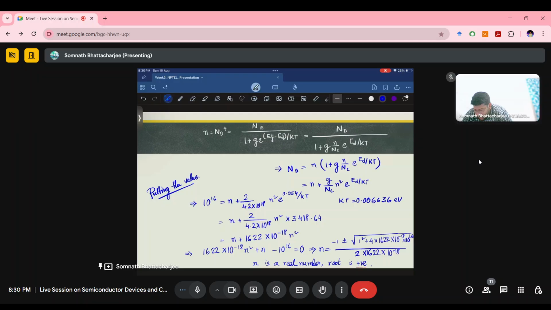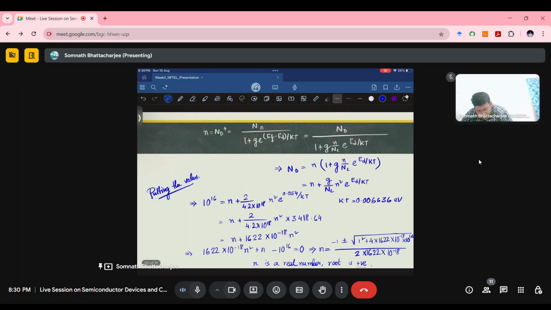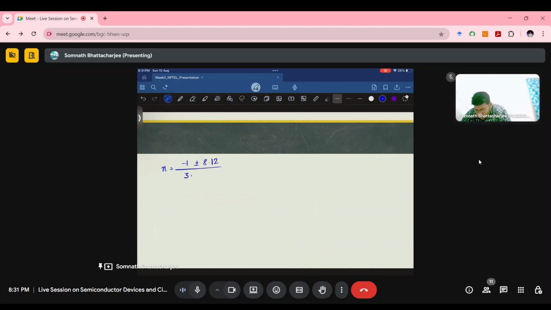4 into 1622 into 10 to the power minus 2 is 64.88. The root of 64.88 is nearly 8.12. So N equals minus 1 plus or minus 8.12, and the denominator is 2 into 1622 into 10 to the power of minus 18, which is 3.244 into 10 to the power minus 15.